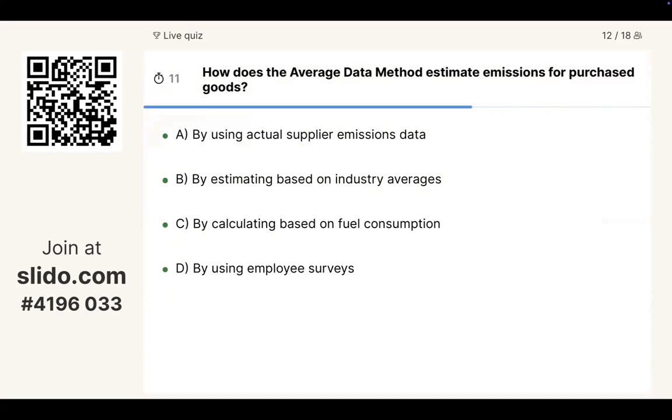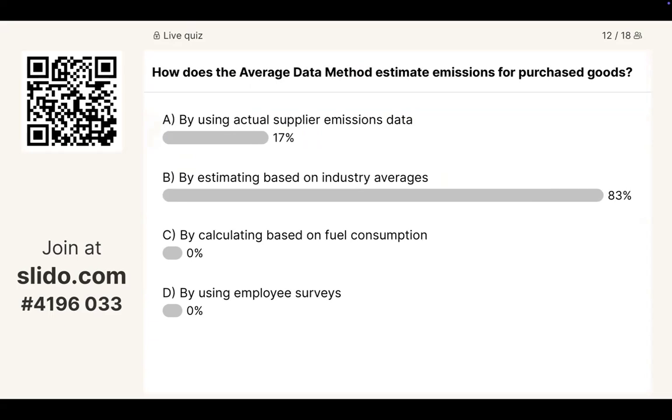The options included using actual supplier emission data. The correct option is by estimating based on industry averages. These are obvious questions, I'm just running them so that you recall it. The average data method requires estimating based on industry averages.